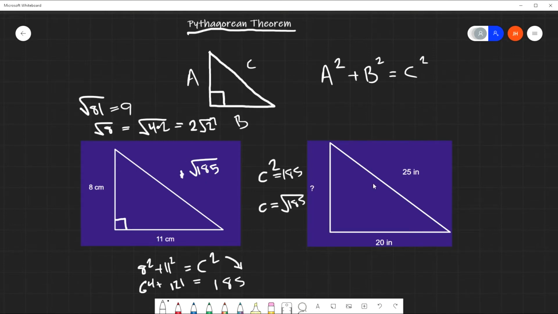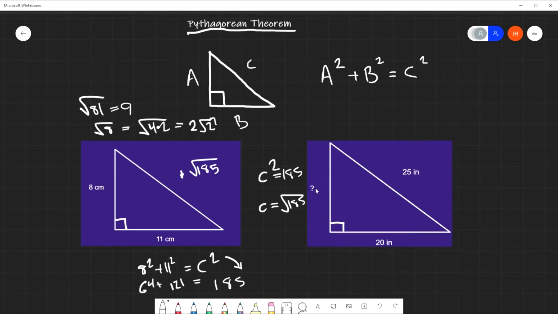All right, let's try this other one. Now this one's mixed up because instead of the hypotenuse being unknown, it is one of the legs that's unknown. I'm going to give it another right angle just because I think that I missed that when I made this question.